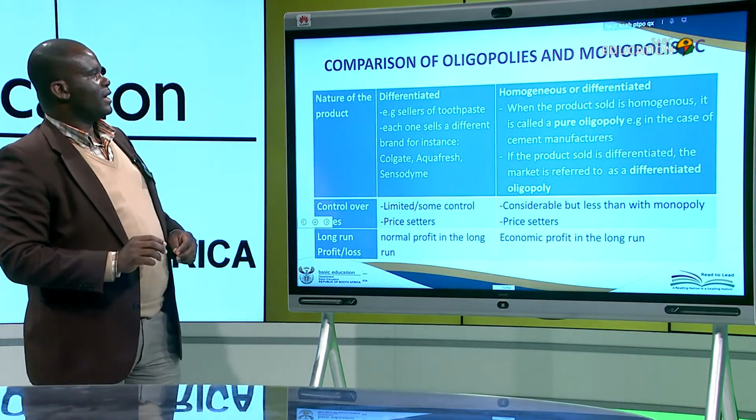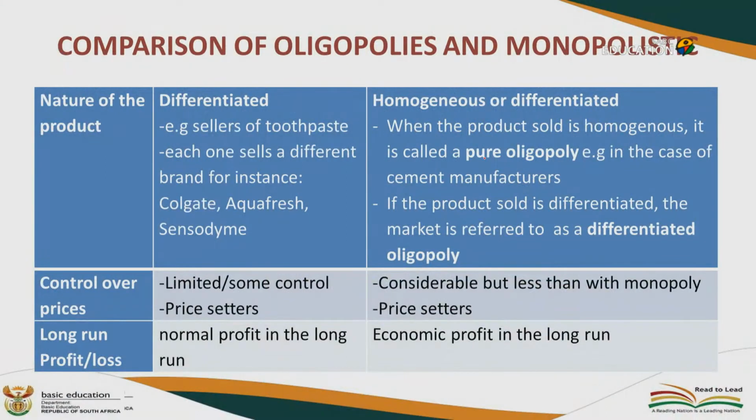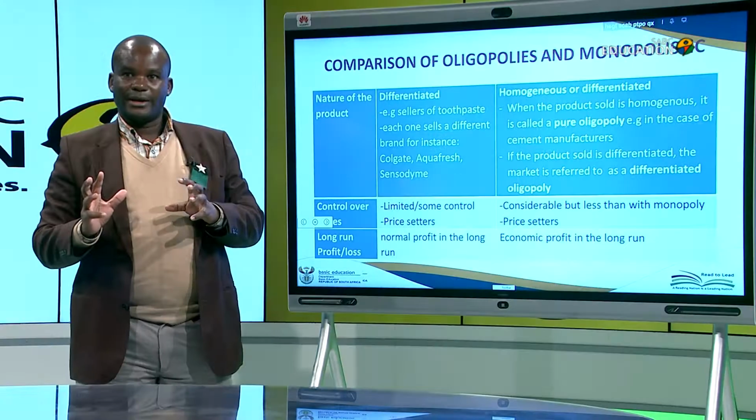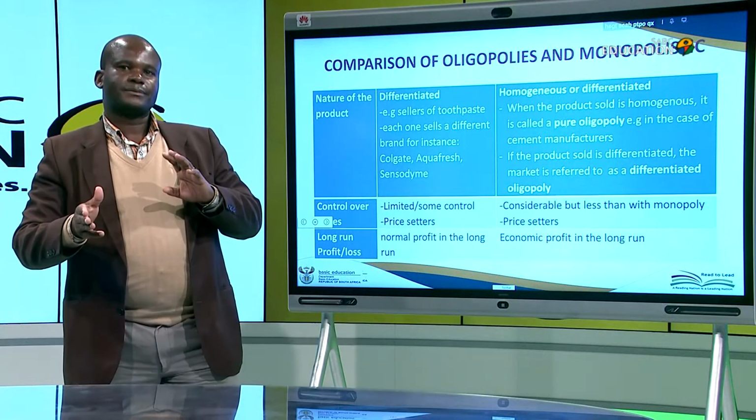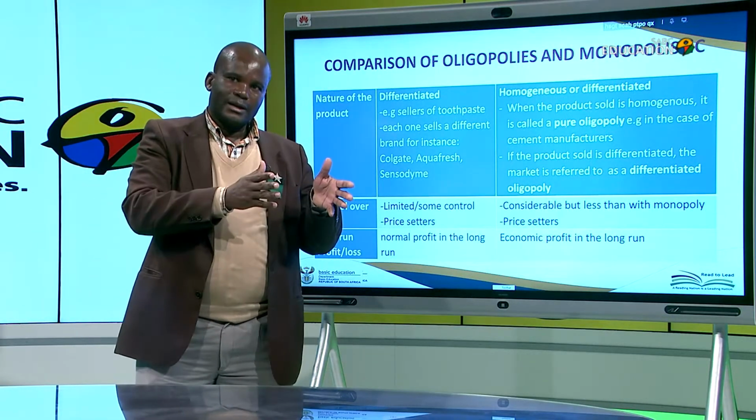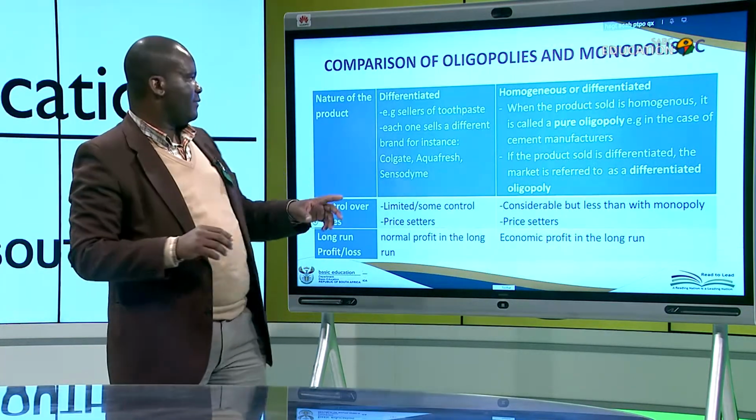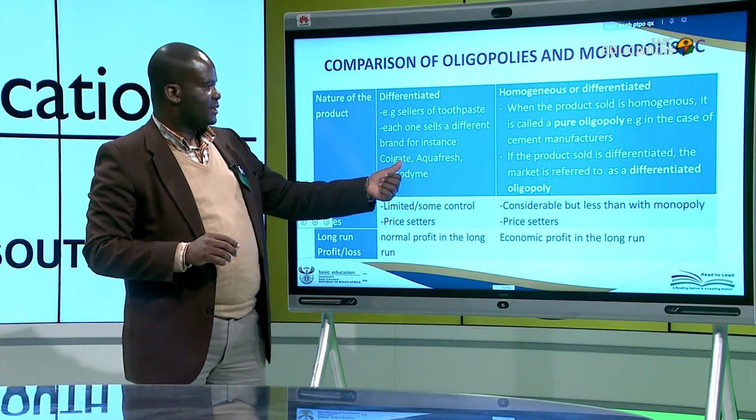The nature of the product. In a monopolistic market, the product is differentiated, meaning each seller sells its own unique brand. Differentiated means that the product is similar, but it is not identical. I gave an example of sellers of toothpaste here.